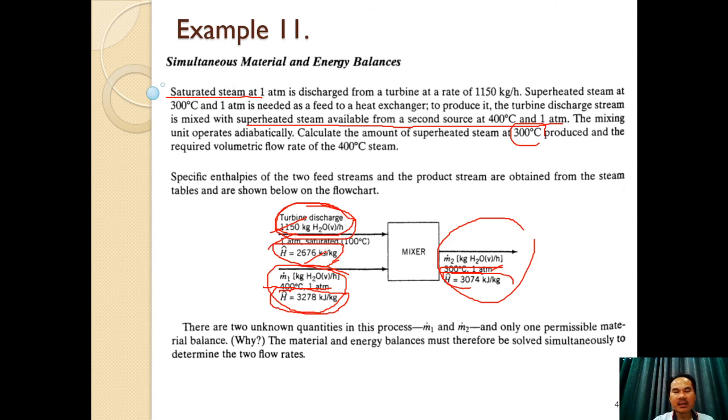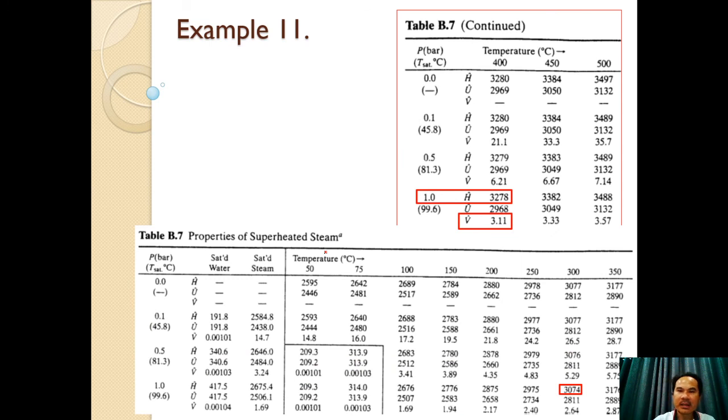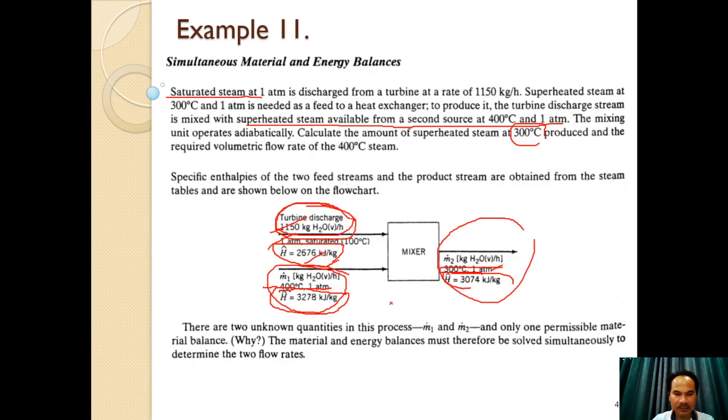And the property at the input of superheated steam at 400 Celsius, 1 atm, where 1 atm is approximately 1 bar, you get an enthalpy of 3278.